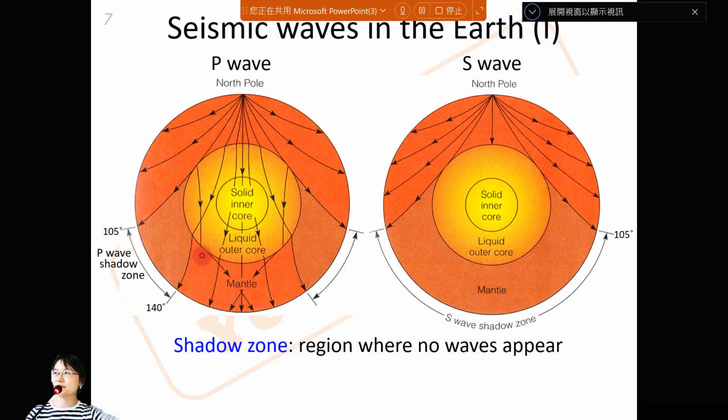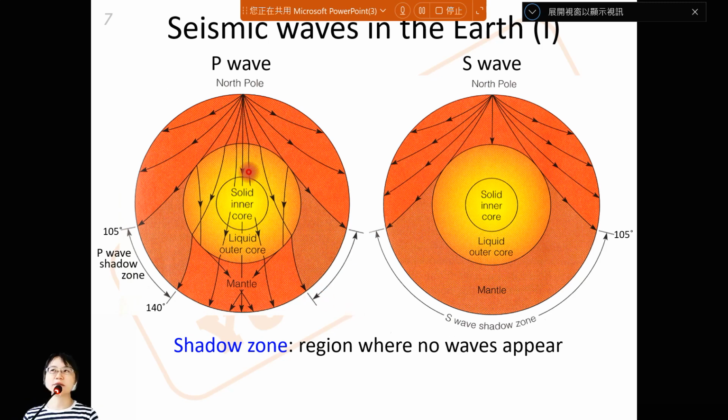I don't know if you have seen this before. This is a very famous feature of the P wave and S wave. When an earthquake happens, especially a big one, not only in Taiwan will you experience the wave, but actually the whole globe will experience the wave, because the wave will propagate all the way around the Earth. Any place on Earth can detect that earthquake.